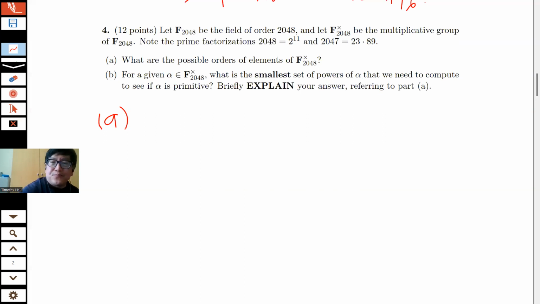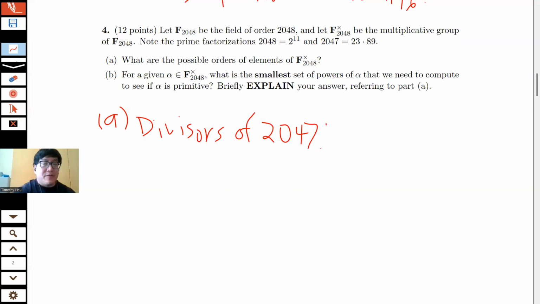Well, they're the divisors of 2047, which, since 2047 just happens to be divisible by exactly 2 primes, are 1, 23, 89, and of course the number itself, 2047.